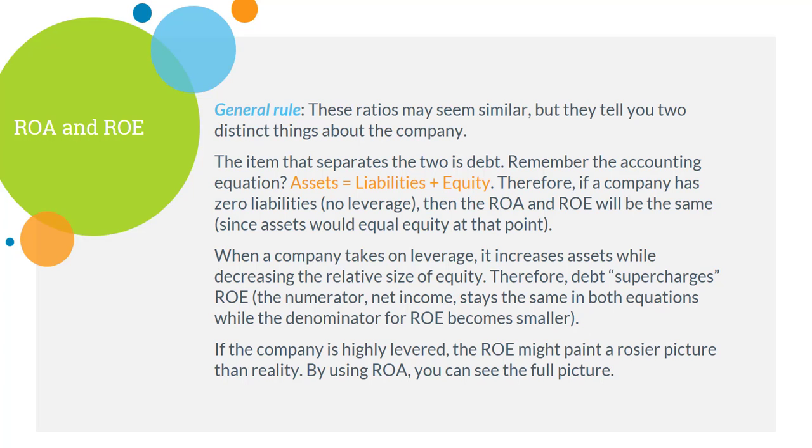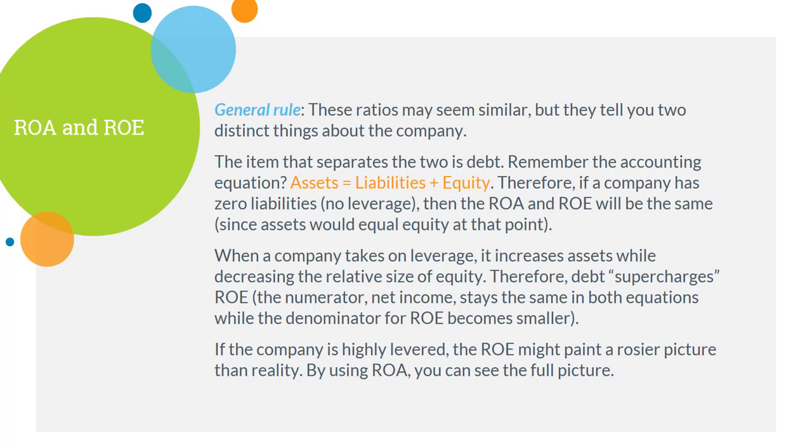However, when a company takes on leverage, it increases assets while decreasing the size of its equity stake. So just remember, if before I had $1 million in assets and $1 million in equity, but then to buy another $1 million of assets, so now I'm up to $2 million in assets, I took out a $1 million loan. That means I'd have $2 million in assets, a $1 million loan, and $1 million in equity.